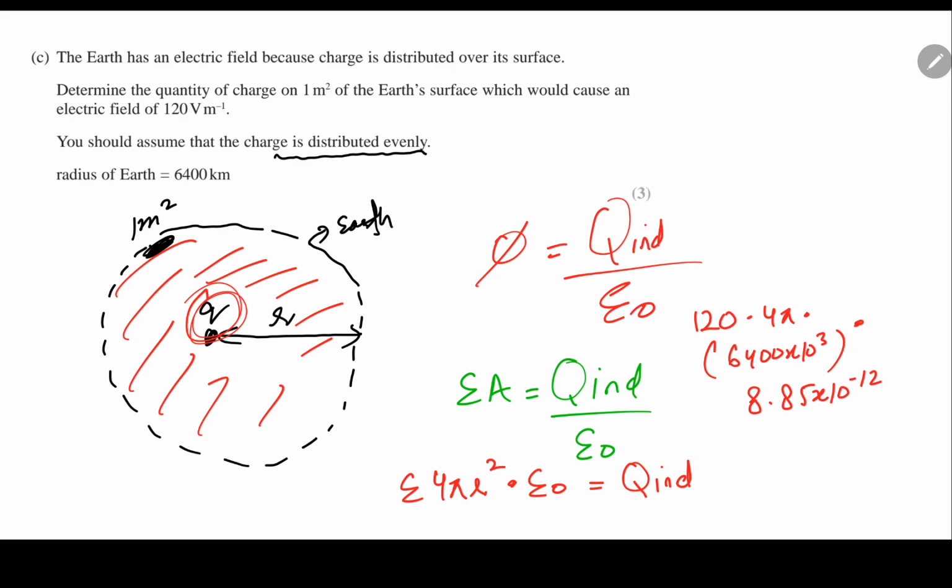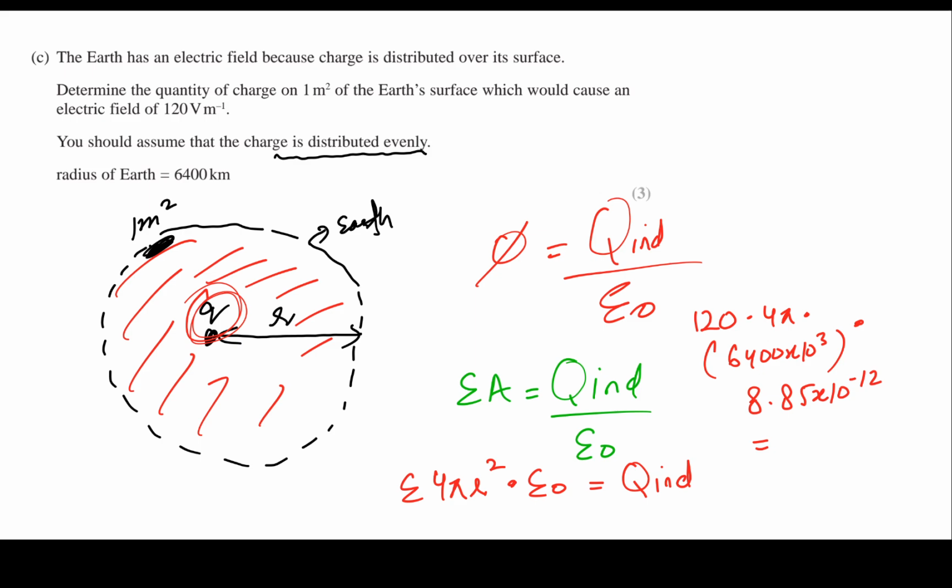The epsilon naught value is correct. Wait, I forgot to square it. One second. Square.